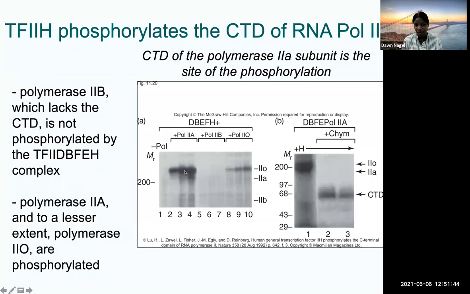And this is all in the presence of ATP, so it's being phosphorylated, okay? You don't see any phosphorylation in B because there's no C-terminal domain in this version of the polymerase. It's a mutant polymerase pretty much, okay? You also see in IIO, which is normally the phosphorylated state.